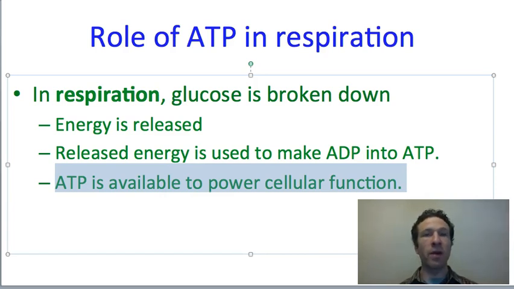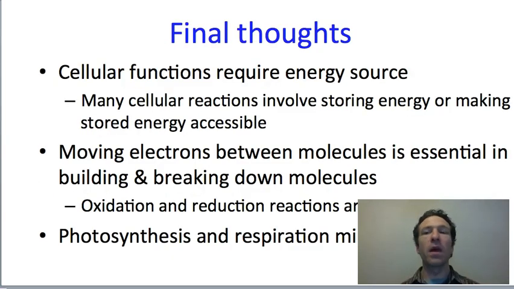We'll also talk about how plants can capture energy from sunlight using pigments in order to power that process. Then in the lecture after that, we are going to focus exclusively on respiration, and we'll talk in much more detail about how the plant can take glucose and break it down in a way that makes ATP available. Let's end with some final thoughts.